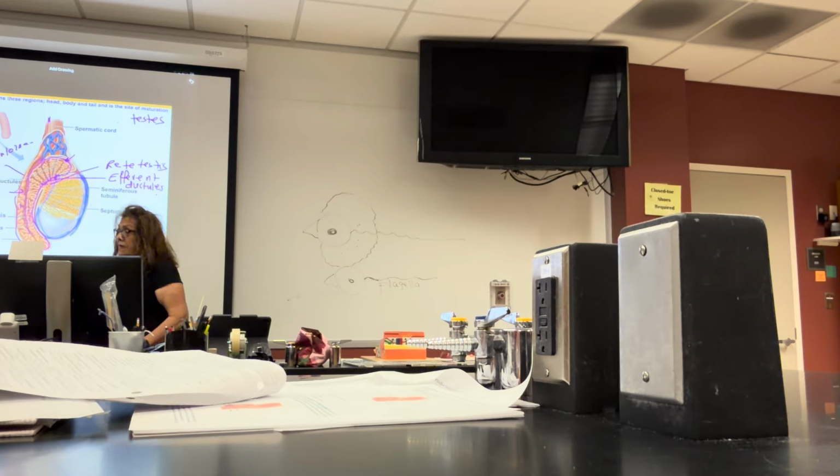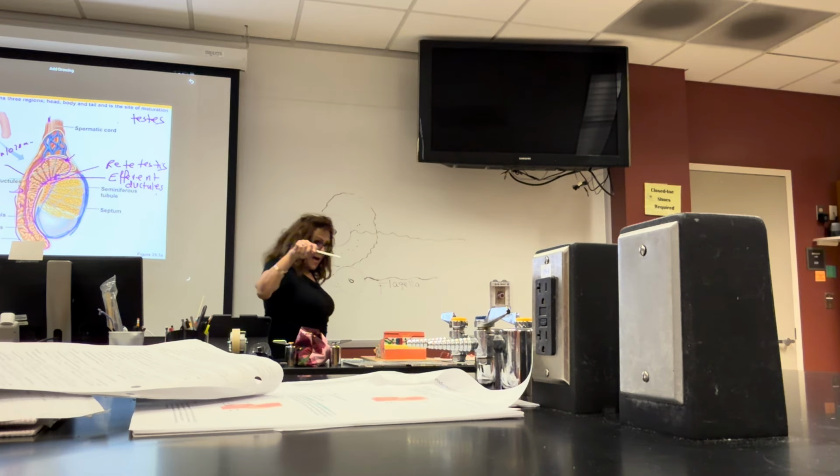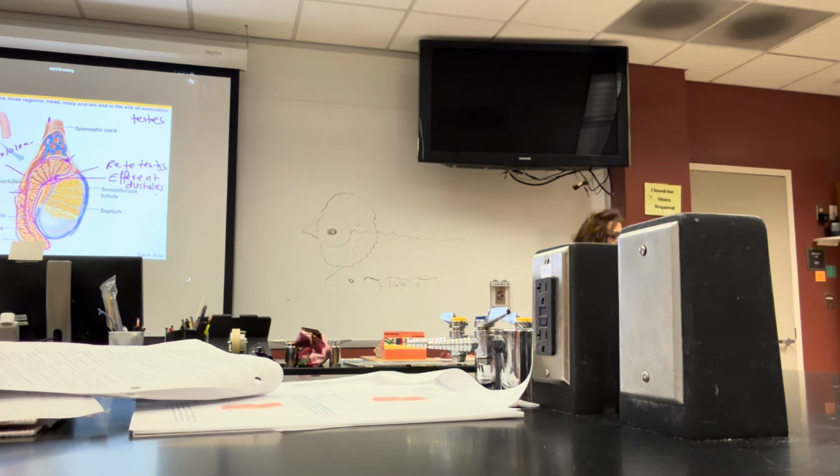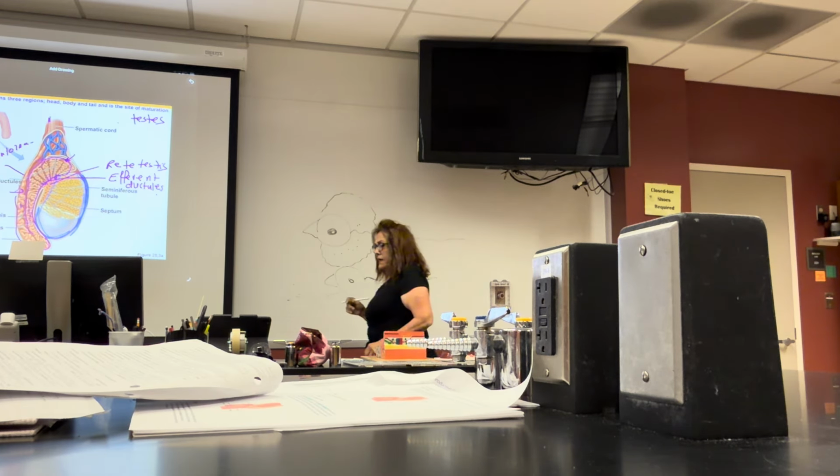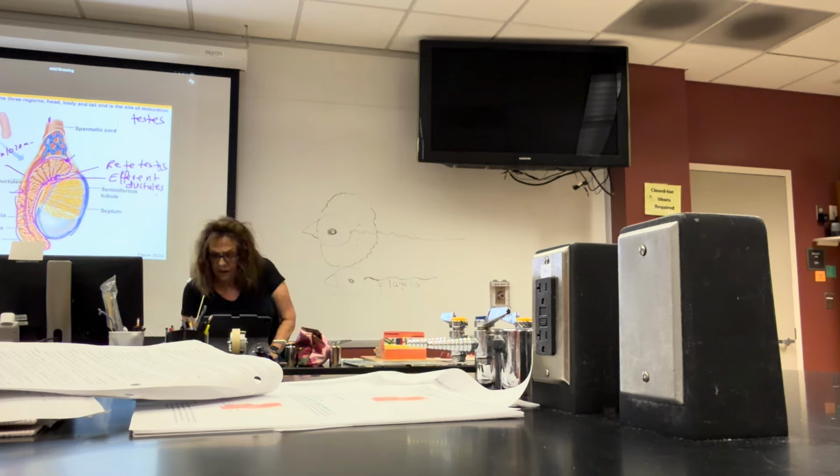So the ductus deferens goes around the bladder, the posterior bladder, and then the end of it swells and becomes the ampulla of ductus deferens. So the end of the ductus deferens, if I draw simply here, swells like that, okay?